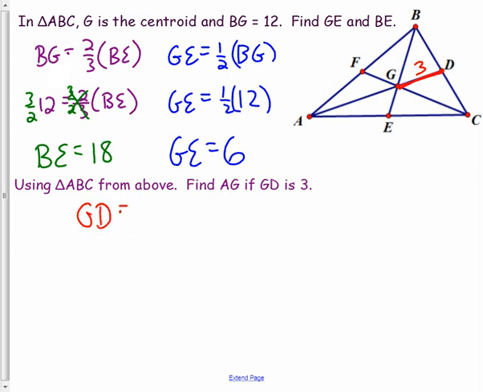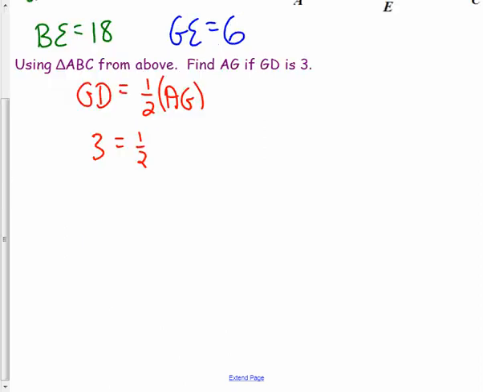GD equals half of AG. We know GD is 3. And now we need to solve. Again, we multiply by the reciprocal. And 3 times 2 over 1 would be 6. So our answer would be 6 units.